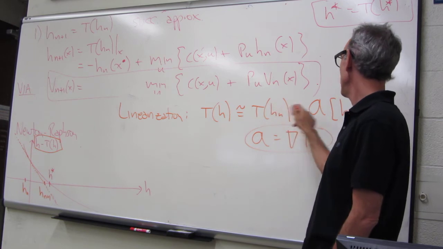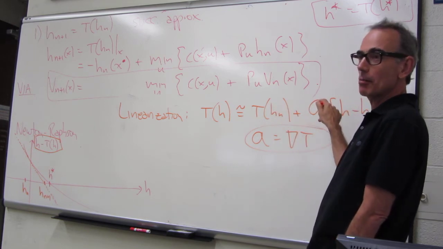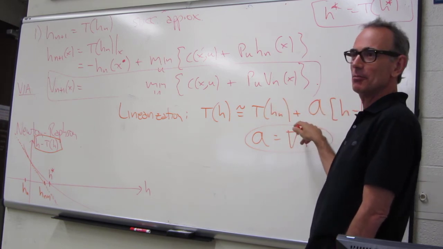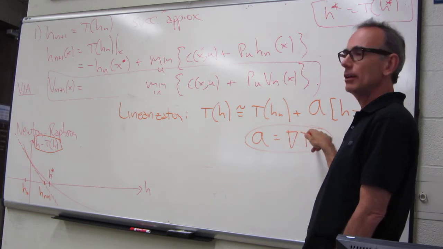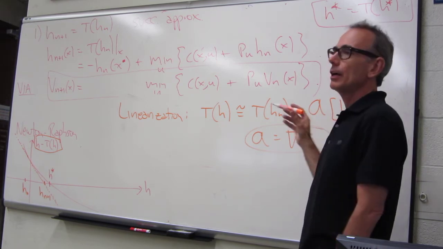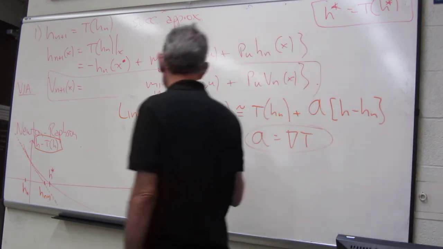T of h is T of h_n plus some matrix. I'm just going to call it A, so I don't have to deal with these gradient terms. But it's the gradient of T.